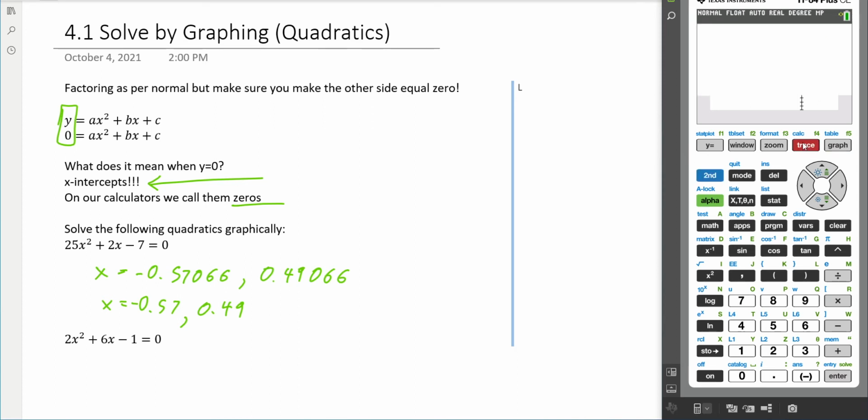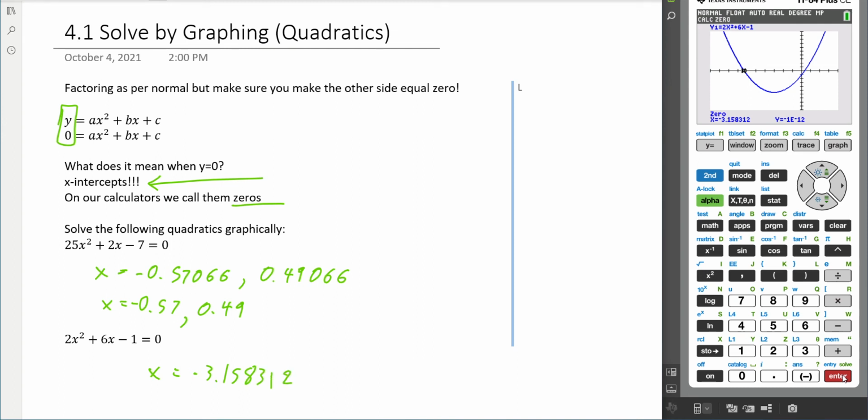Okay, now second function, calc, 0, left bound, right bound, and enter. And so we get x equals negative 3.1581312, and now we need to find our second point.